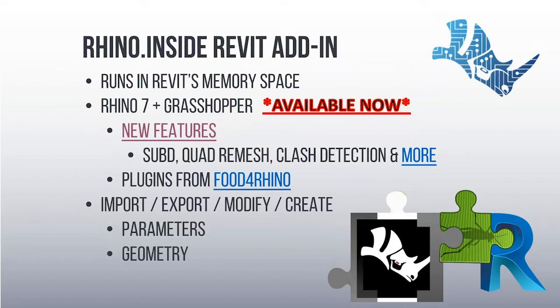So there aren't the same sort of issues when importing or exporting, where you're relying on the quality of how Revit exports IFC or anything like that. You're directly accessing the elements within Revit and bringing them over into Rhino or Grasshopper, and Rhino inside Revit is the bridge that creates that connection and allows this to be possible.